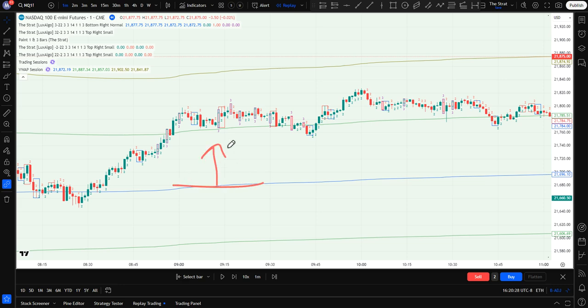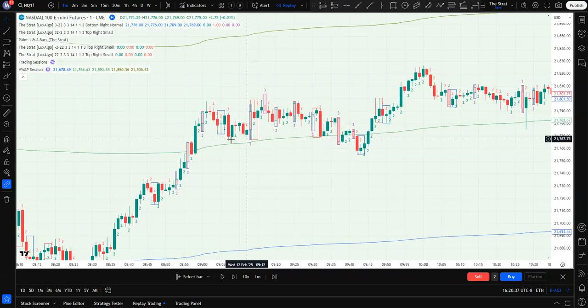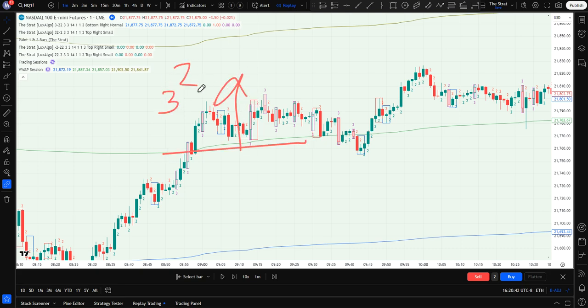Since we're well above VWAP, I'm looking at overextended. I'm looking for a return back down to VWAP now. Since we're only above the first VWAP line, I'm only looking for 3, 2, 2s. In this case, I get one here.